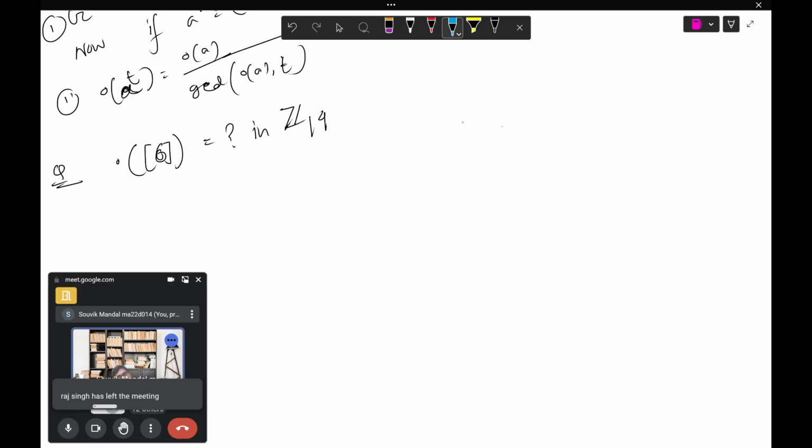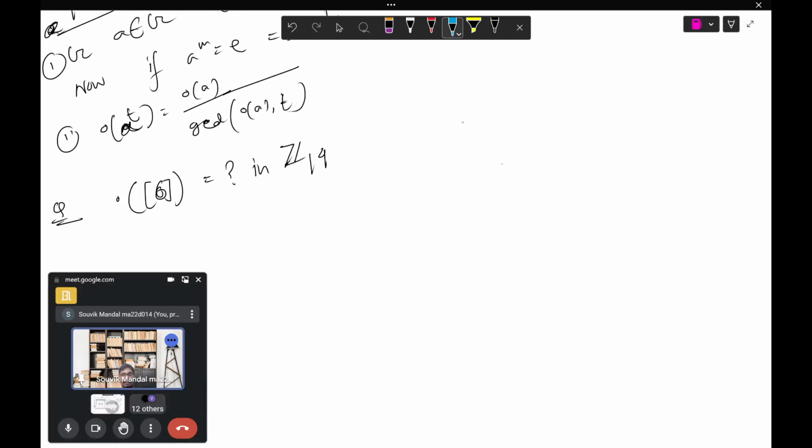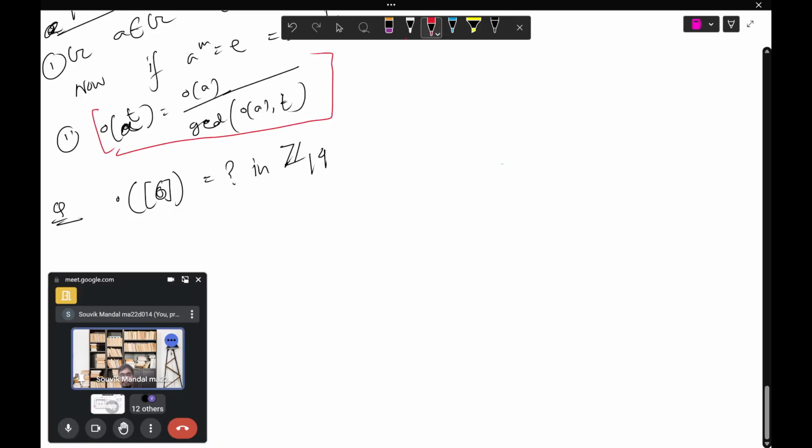You can directly do it, or you can use this theorem also, I mean this fact also.